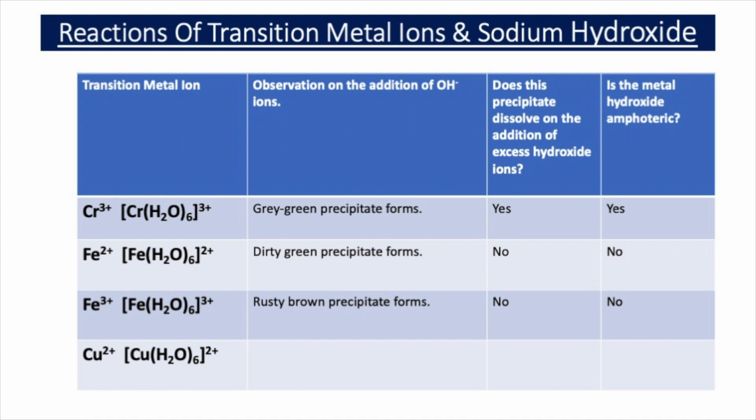So this slide summarizes the observation we've just seen. We form a rusty brown precipitate when we add aqueous NaOH, and this precipitate does not dissolve on the addition of excess hydroxide ions, and therefore the metal hydroxide is not amphoteric.